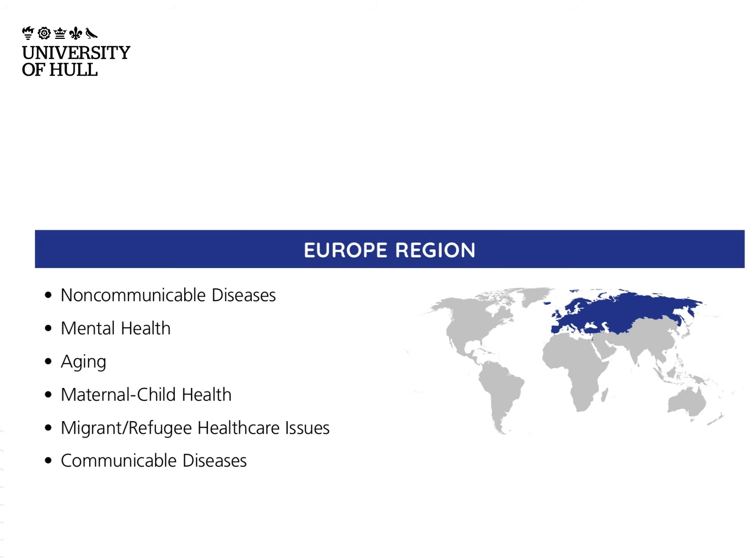Maternal child health, migrant refugee healthcare issues, not surprising to see that there, because that's a big issue across the whole of Europe. And down at the very bottom, communicable diseases. Although again, I think communicable diseases, if we asked today, might move up due to the pandemic.